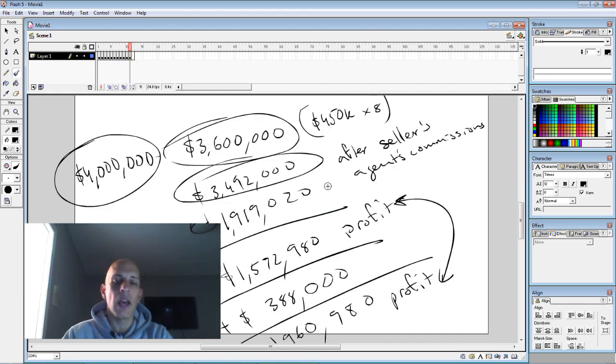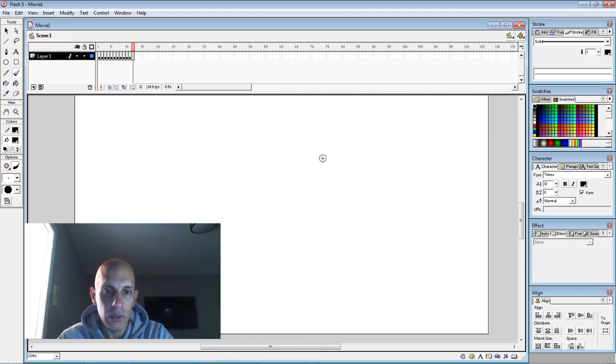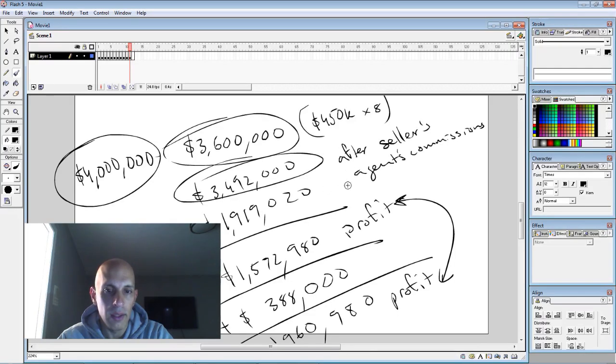So this is how you get more money out of this building, and you're still collecting rent in the form of your HOA fee. So yeah, this is how you make more money in less time.